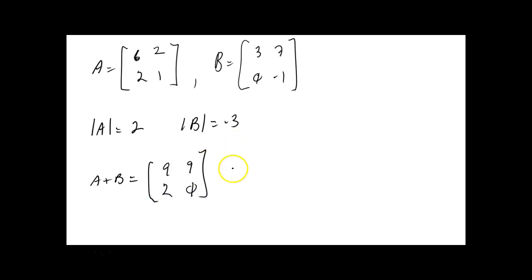Okay, let's do the determinant of that, A plus B. What would that be? Negative 18. All right, any way to get a negative 18 out of a 2 and negative 3?